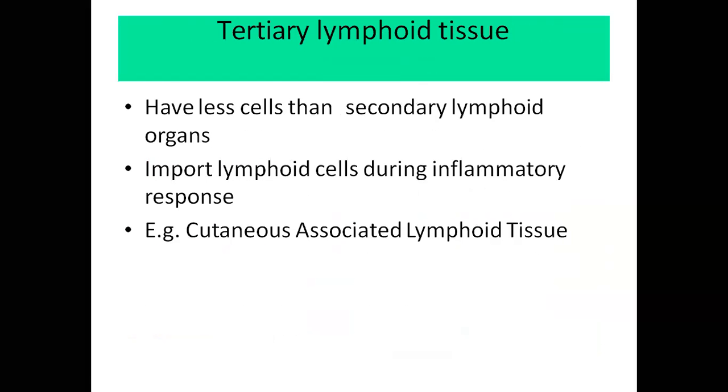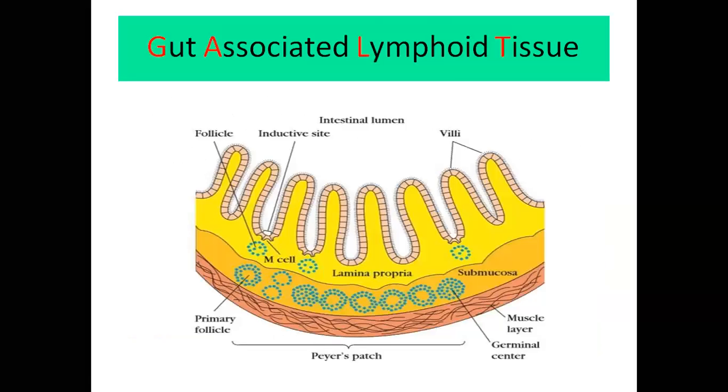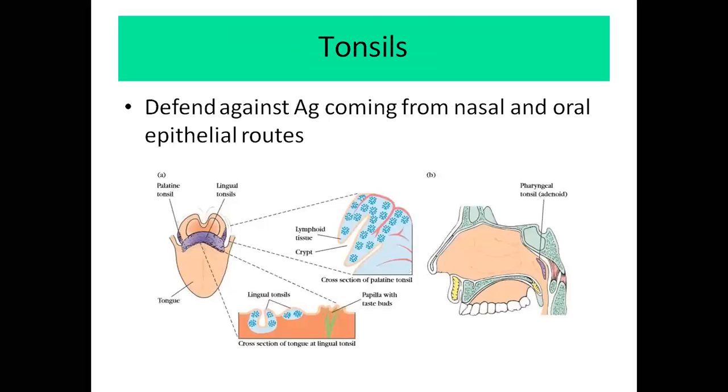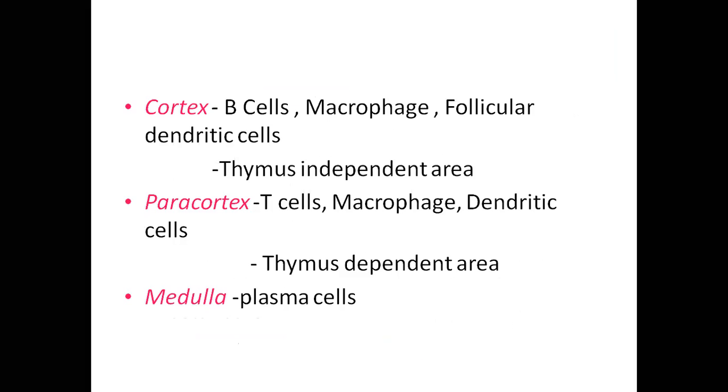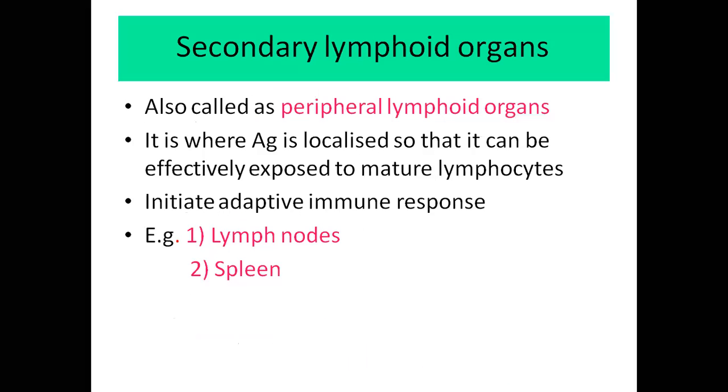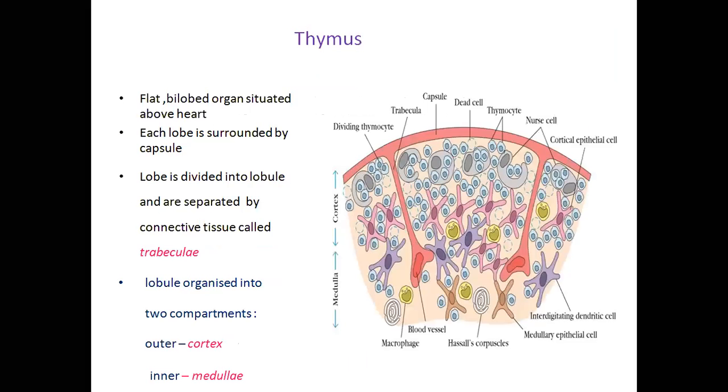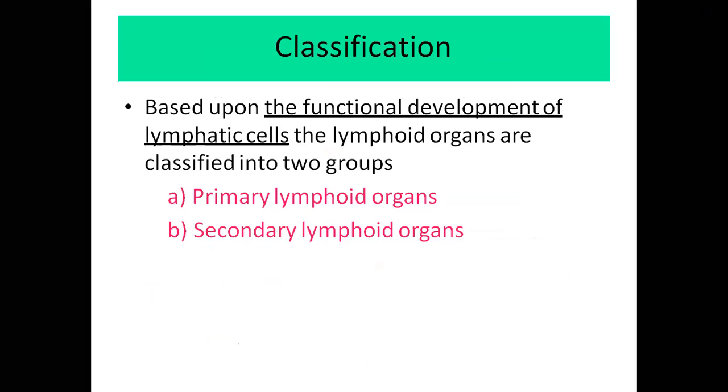Okay, so this is about the different types of lymphoid organs. Obviously, we are going to study these different organs in detail. So this part until now, is it clear to you all? Yes, ma'am. It's clear, right?